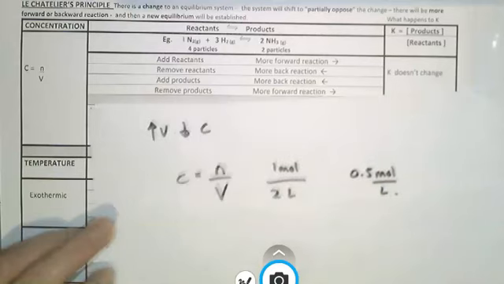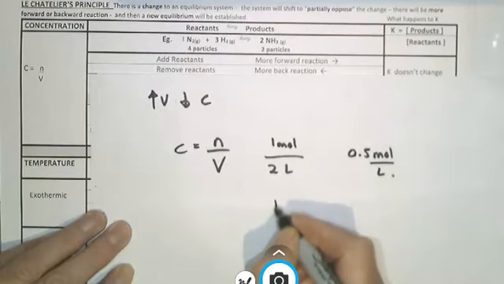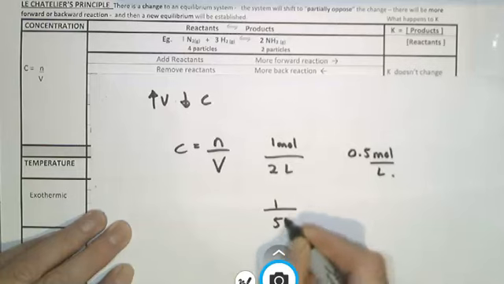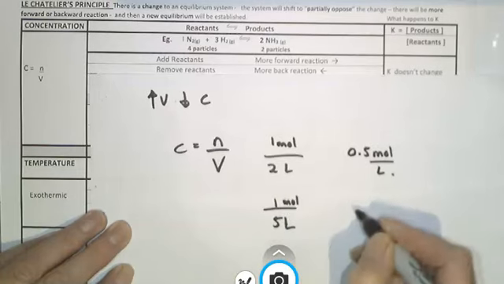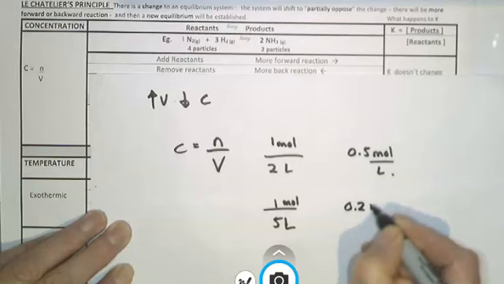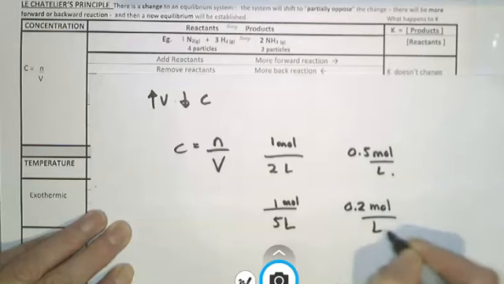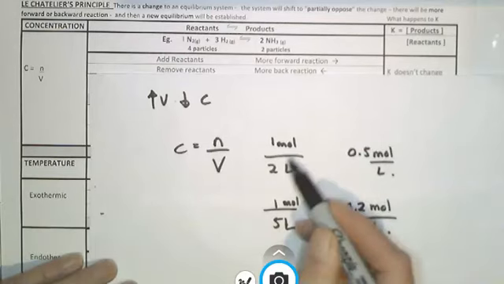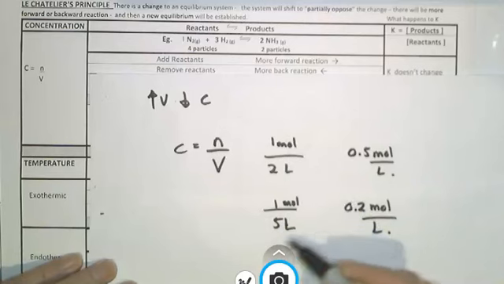If I make this number larger, so make it 5 liters, 1 mole in 5 liters, then I've got 0.2 moles per liter.